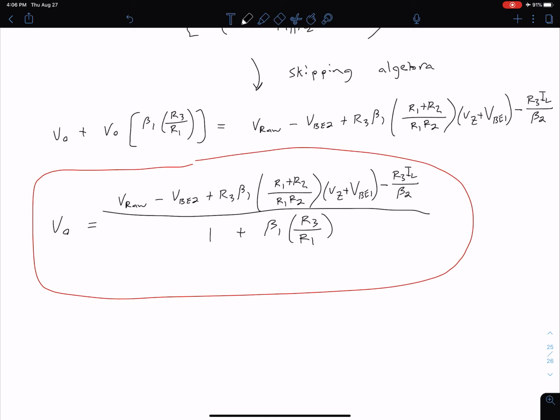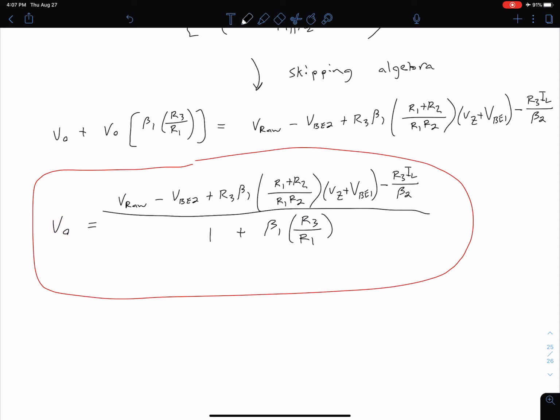We have basically just constant values in terms of our resistors, our betas, and the VZ. And the only three things that are going to be changing are our output voltage, V out, our raw voltage, V raw, which is our input, and our load current, IL. And so changes in these three things can affect our line and load regulation.